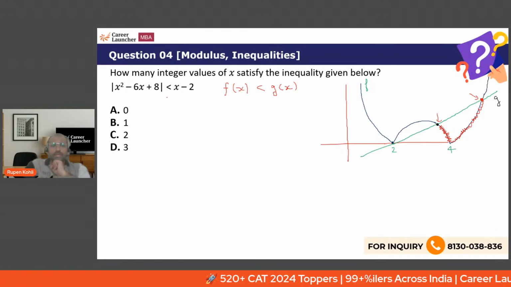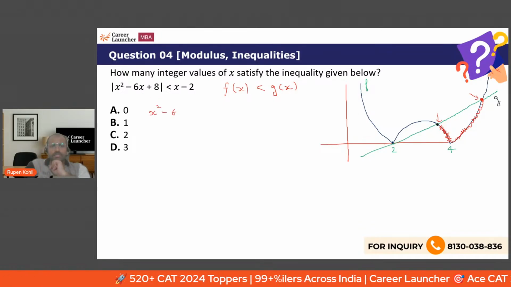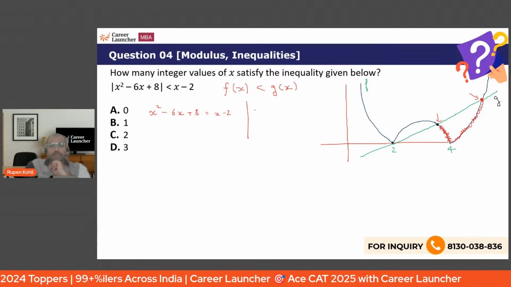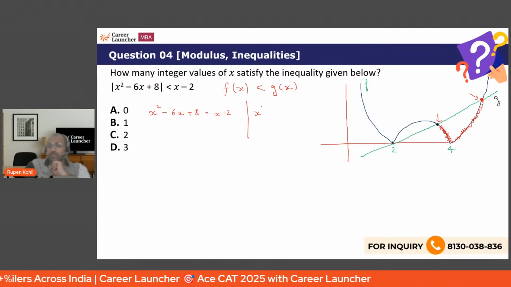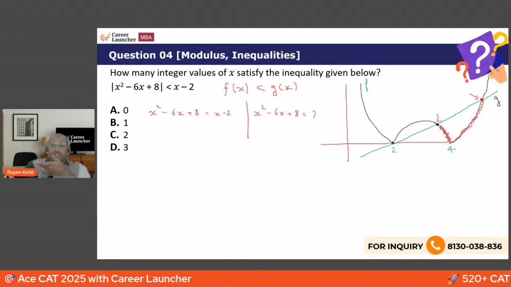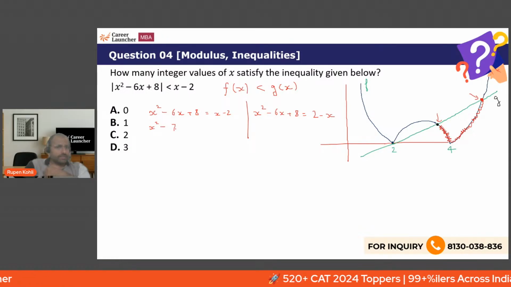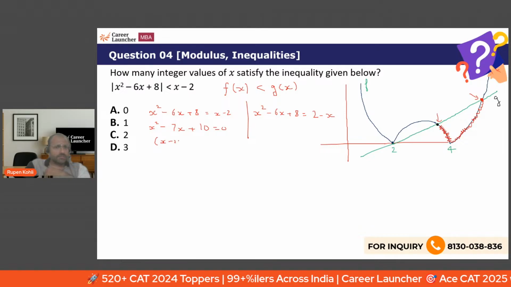Once I open it as it is, I'll say x square minus 6x plus 8 equals x minus 2, and the other one, I'll get the other point of intersection by solving x square minus 6x plus 8 equals 2 minus x, right? So this one is x square minus 7x plus 10 is 0, so this is x minus 2 x minus 5.